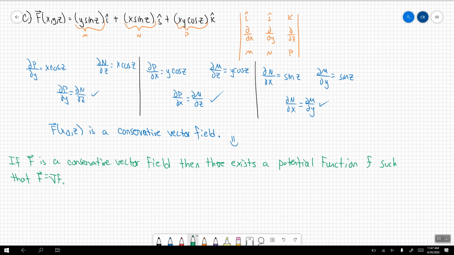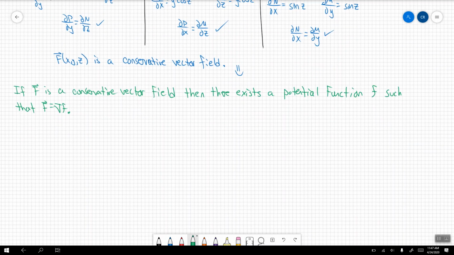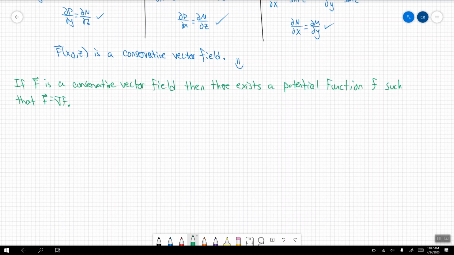All right, and this is what we want to work with to make sure that we can find these potential functions.